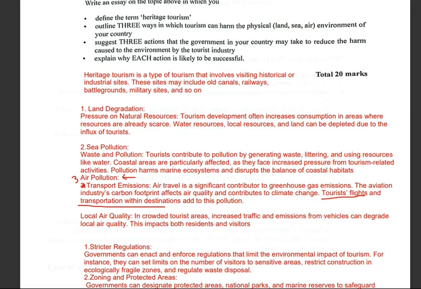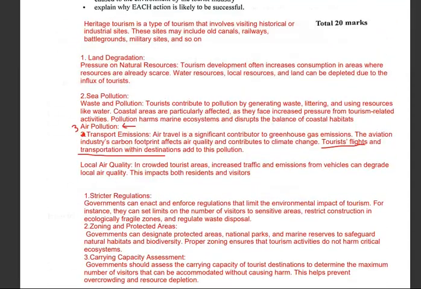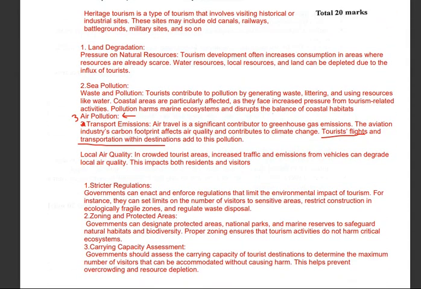Alright guys, so as I mentioned with the essay, ensure you construct your essay to the maximum points you want. Here they also said you need to explain why each action is likely to be successful. So let me just go back to the actions. The first action would be stricter regulation, and the reason why it would be successful is because if the government implements stricter regulation, then eventually it would not impact the tourism.